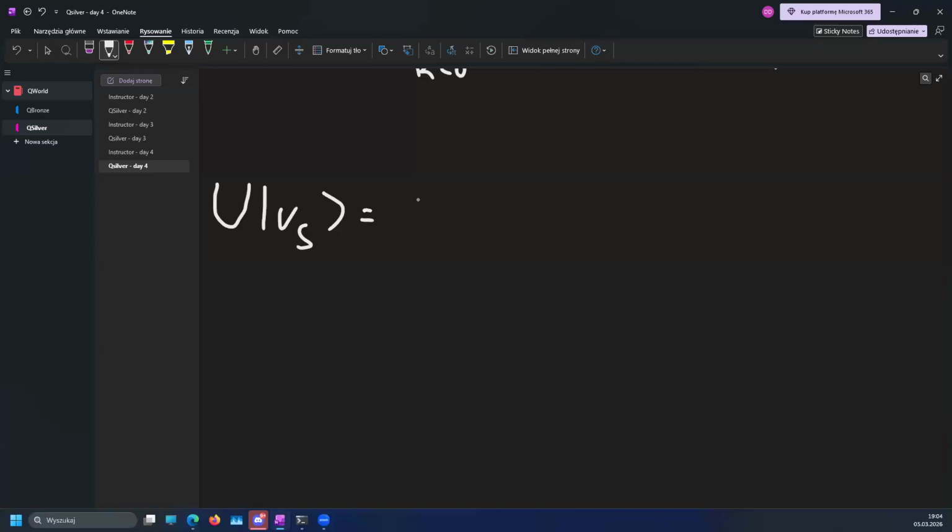Okay, so now let's write it down. So we have our v_s vector. Here we have this summation sign, from 0 to r minus 1, e to the power of minus 2 pi i s k, and it's all divided by r.